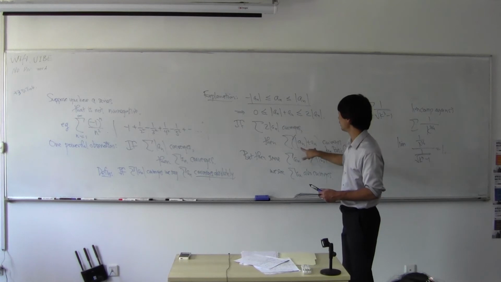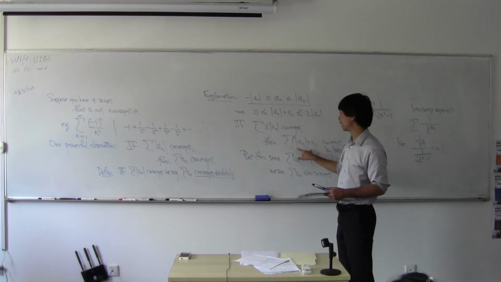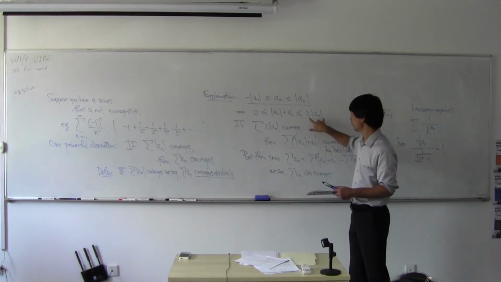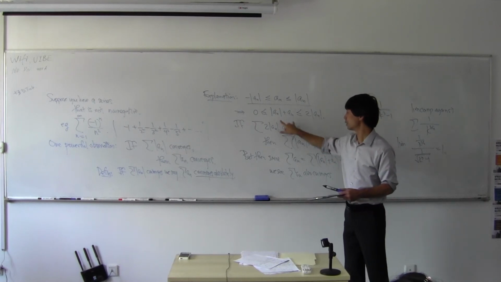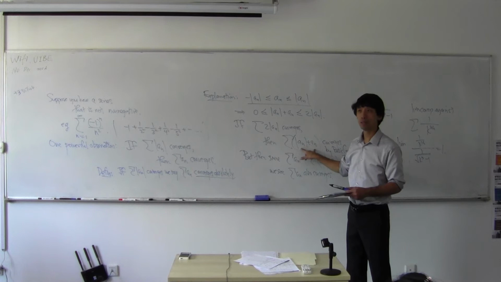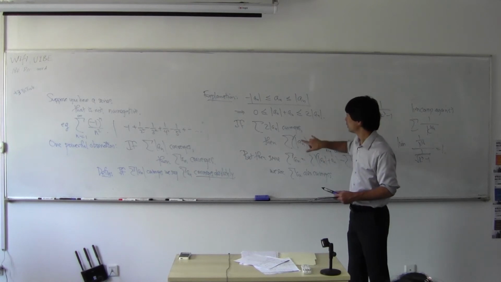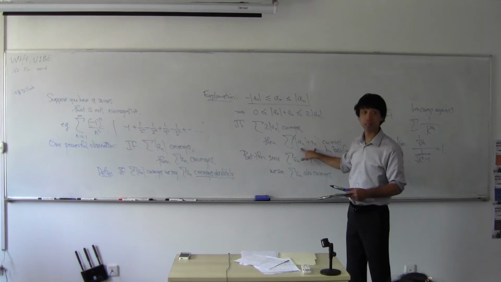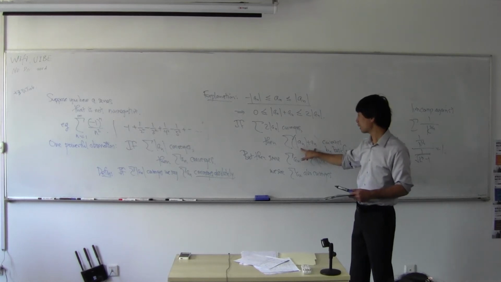That would mean the sum of the smaller guys converges. That's the basic comparison test: if the sum of the bigger one converges, then the sum of the smaller one converges.